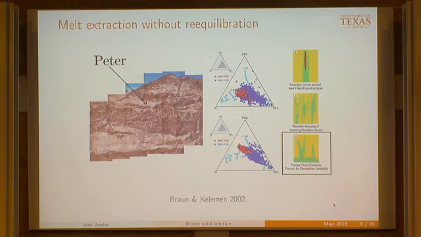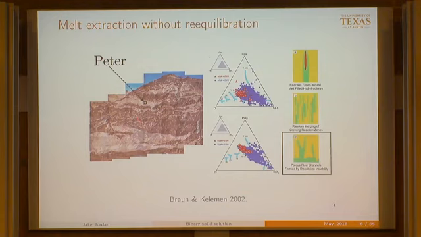This plot here in the middle shows that the primitive melts that were in these channels, so magnesium numbers greater than 66, were last saturated with OPX at about 10 kilobars, meaning that these channels had to get up to the surface from 25 to 30 kilometers without re-equilibrating with the surrounding material.